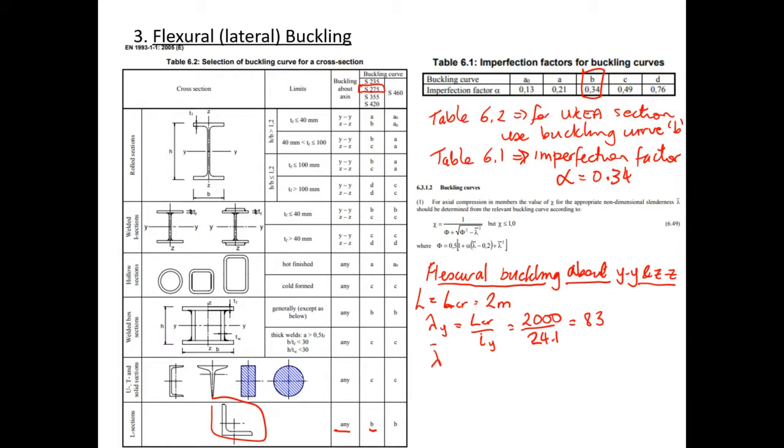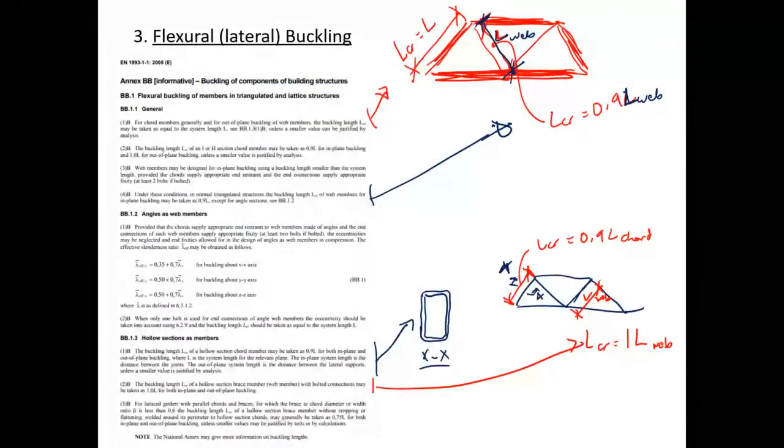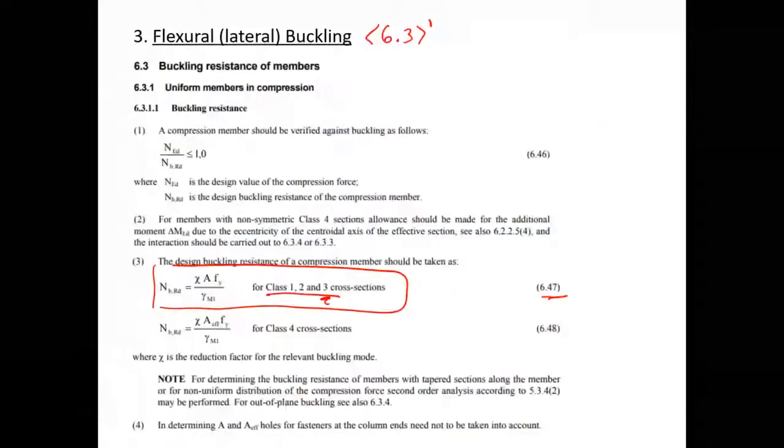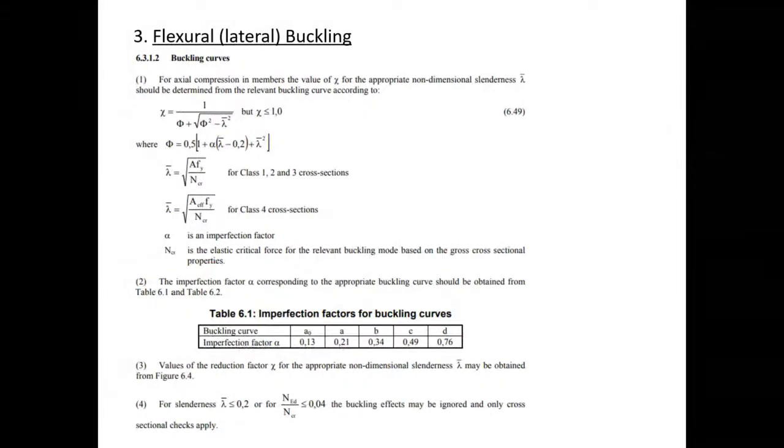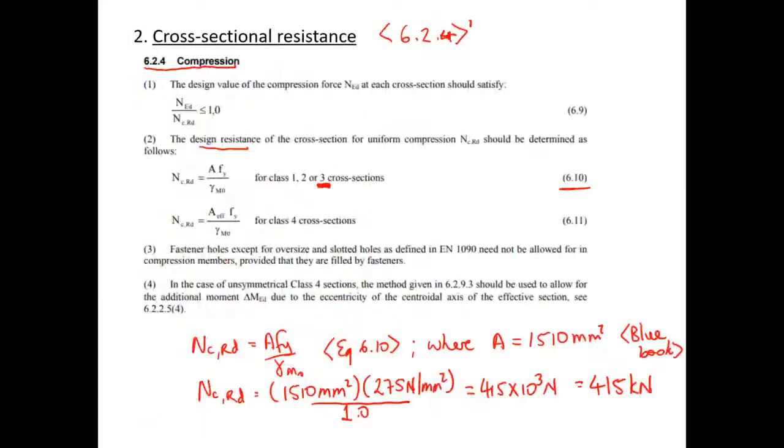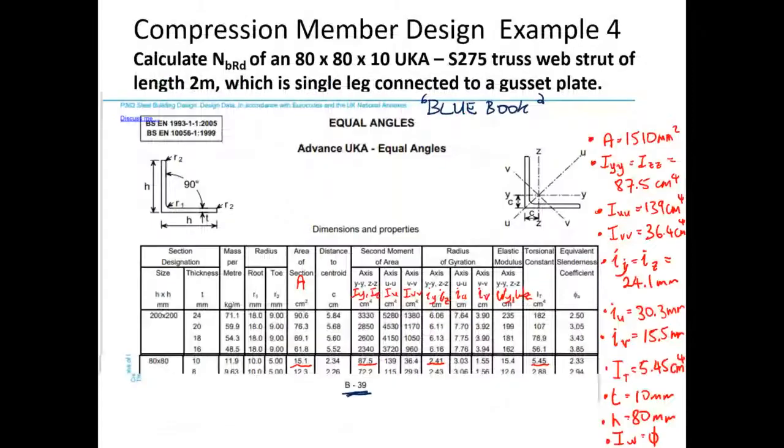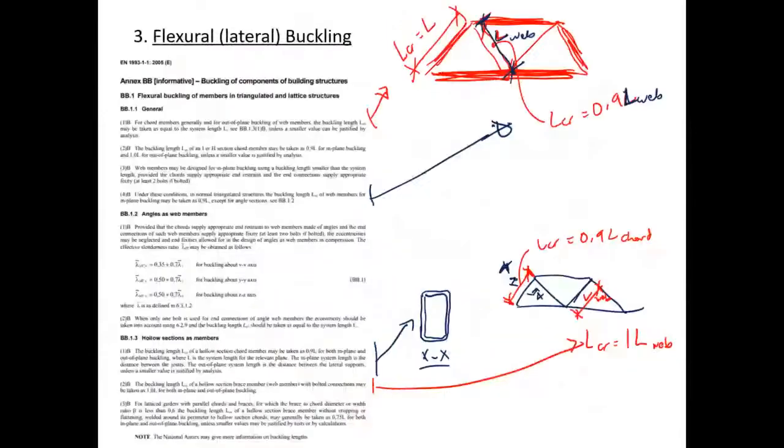And then we know that the normalized slenderness value is equal to the slenderness value divided by the reference slenderness value. So 83 divided by the reference slenderness value, which is 93.9 epsilon.